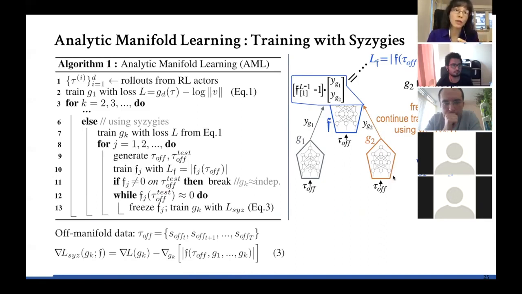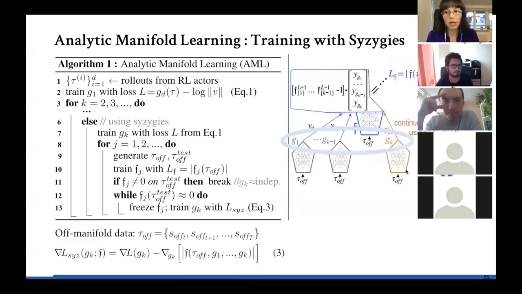That's why I can freeze it, because then I know that G2 contributes something new in comparison to G1. When I learn my G3 and so on, I am looking for a relation that specifically contributes something new to the set of relations that I already have. So I am able to freeze them not in an ad hoc way; the algorithm is structured in a sequential manner in the first place.